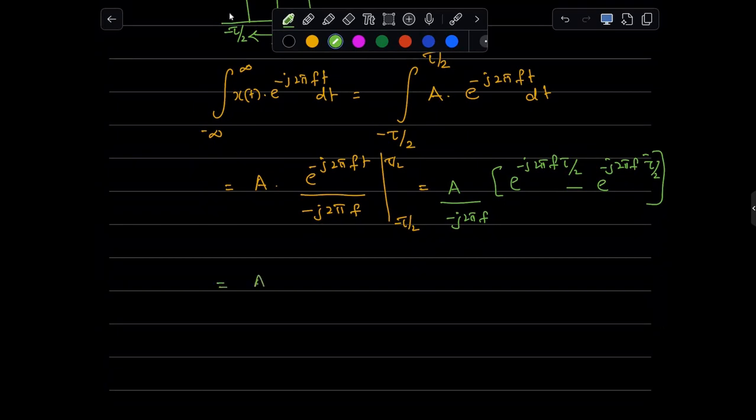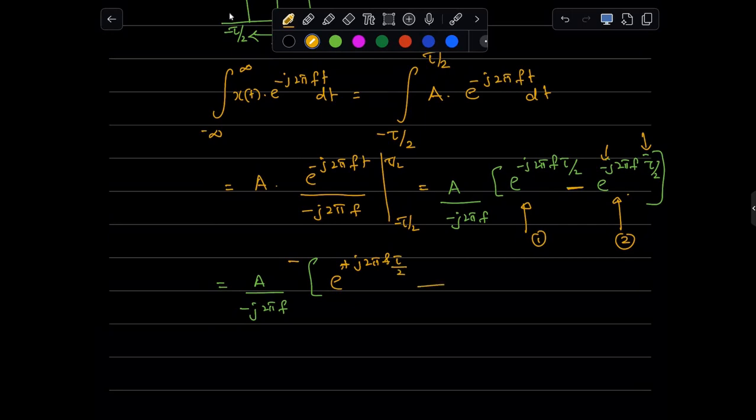Now you see this will become a over minus j 2 pi f, and this is the first part and this is the second part. I will take the minus sign outside. Then I can write the first part as positive. There is a minus here and there is a minus here, so it will become plus: plus j 2 pi f into tau over 2.